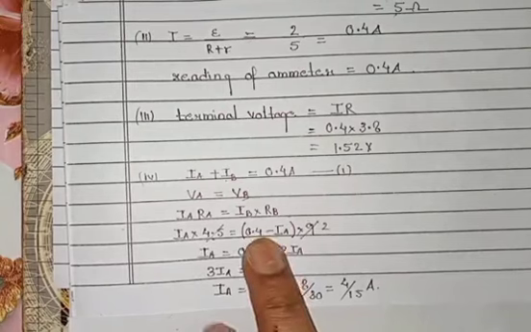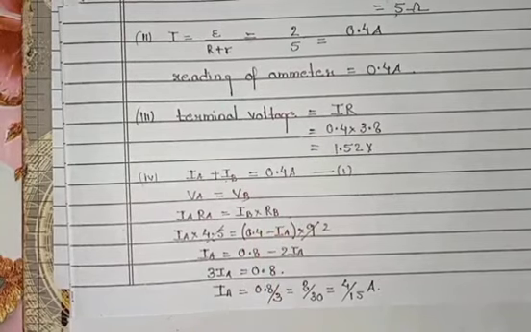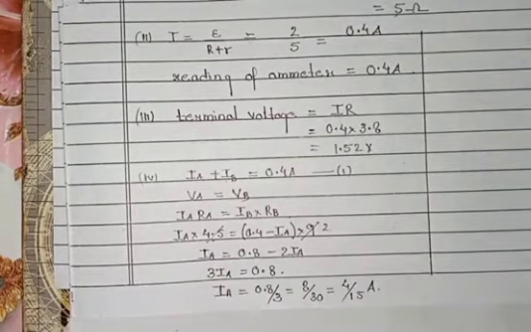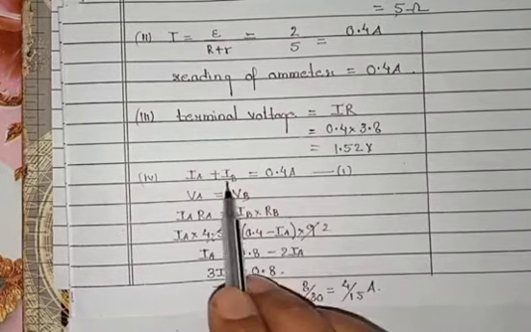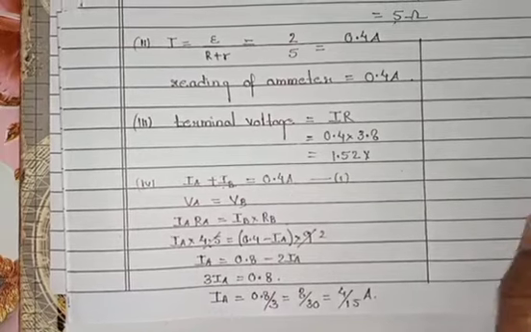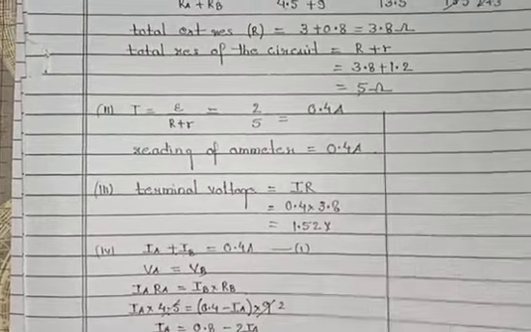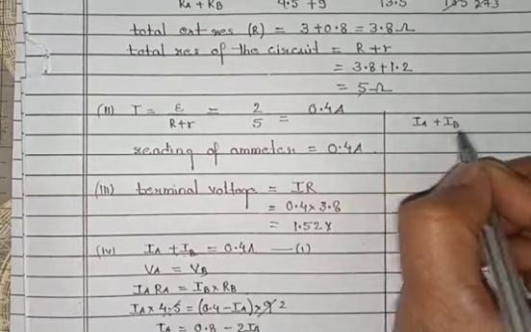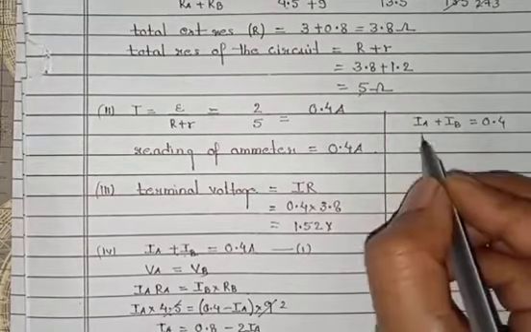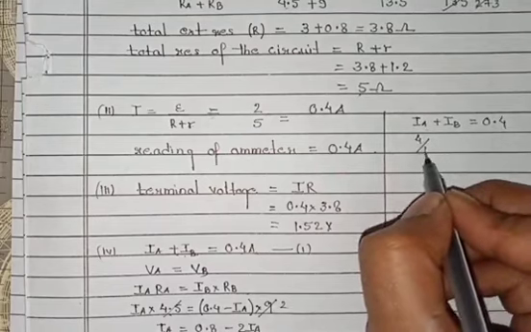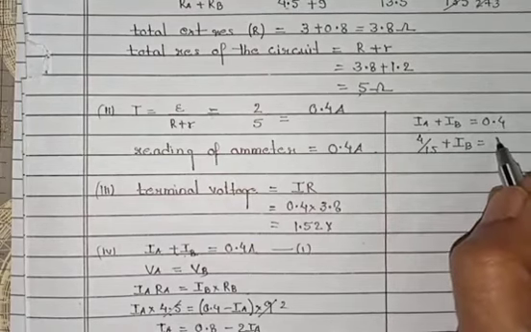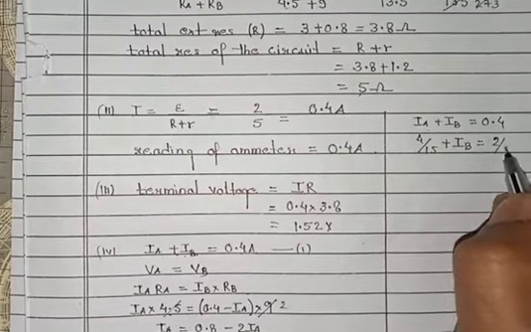Now we need to calculate current through B. Now to calculate the current through B, see, the first equation says IA plus IB is equal to 0.4. So we can solve this equation. IA plus IB is equal to 0.4. IA we have calculated as 4 upon 15. The 0.4 can be written as 4 upon 10, that is 2 upon 5.